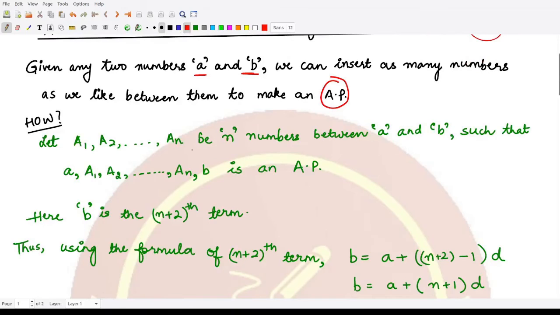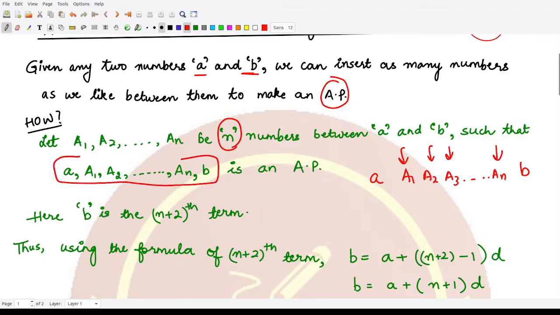First of all, assume that between A and B we insert n numbers, and we call these numbers A1, A2, A3 up to AN, right? These are the n such numbers, such that the sequence A, A1, A2 up to AN, and the last member B, is an AP.